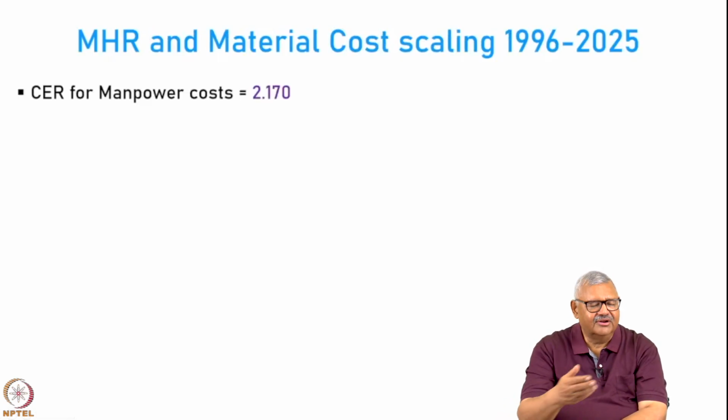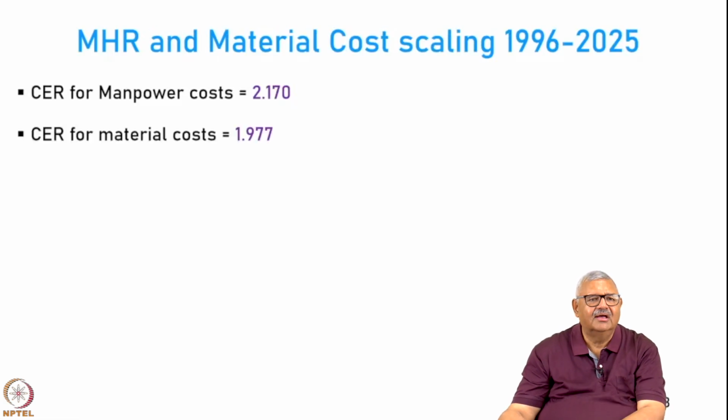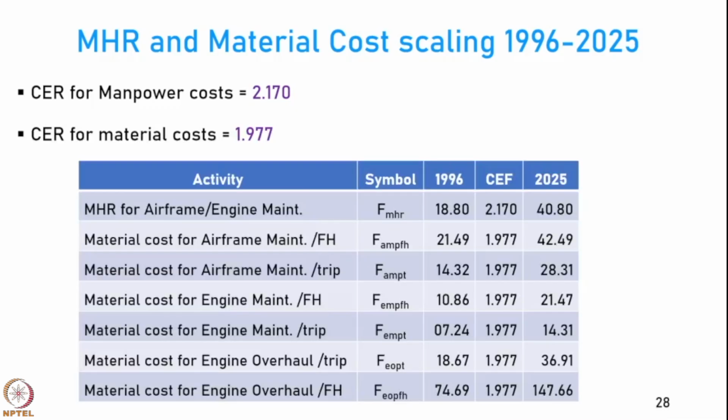So, I have already shown to you that the cost escalation ratio for man-hour per hour is 2.17 and the cost escalation ratio for material cost is 1.977. So, this table shows the value of various parameters as quoted for Dash 8 300 in 1996, and then we are multiplying with the corresponding cost escalation factor, and whichever item is manpower related, only the first one, the man hour rate, there we multiply.